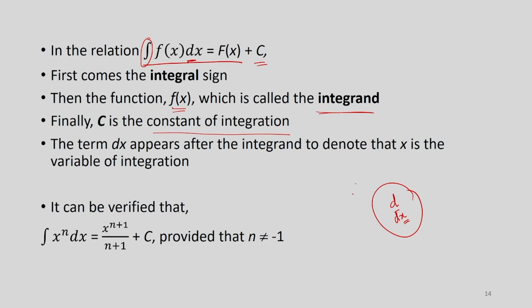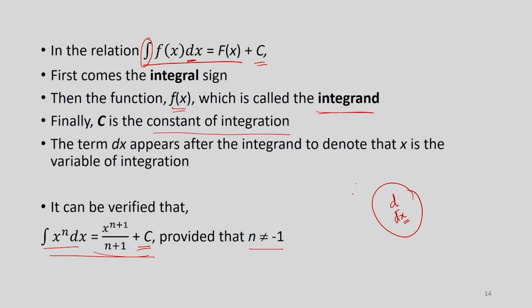Well, now before we close, I just noticed one small formula here, which is that if you take any function of the form x to the power n, where n is just an arbitrary power, then it can be verified that if you take the integral, you are going to get x to the power n plus 1 divided by n plus 1, and obviously there is this constant of integration, provided that n is not equal to minus 1.